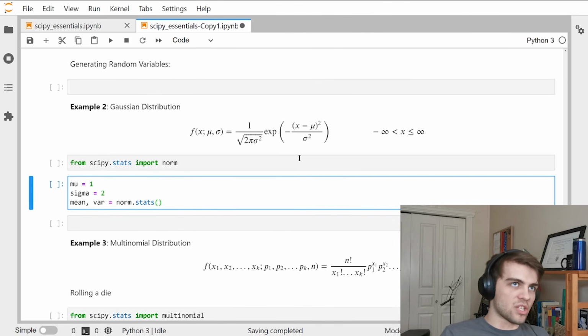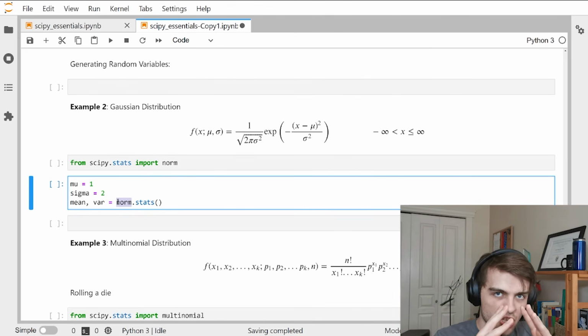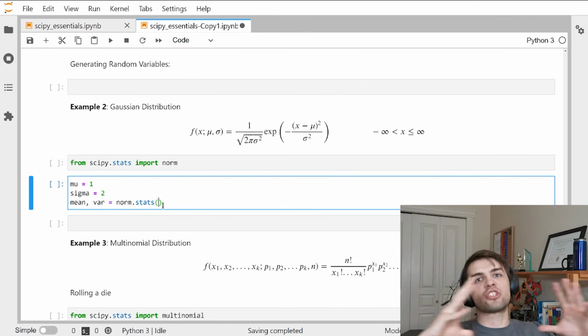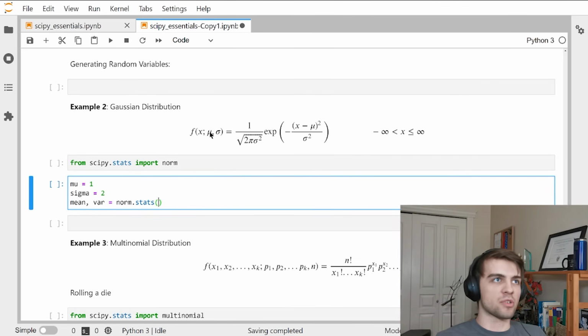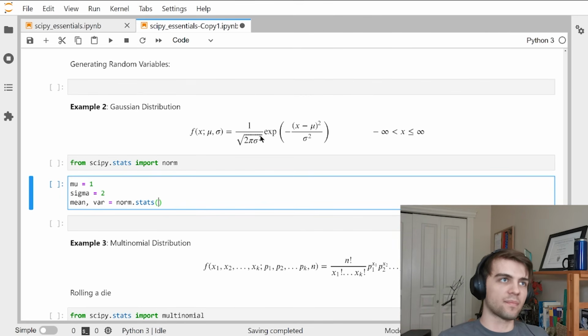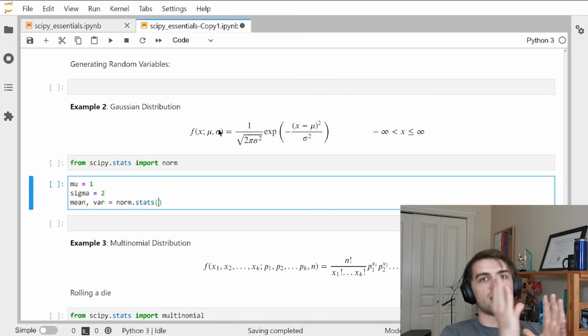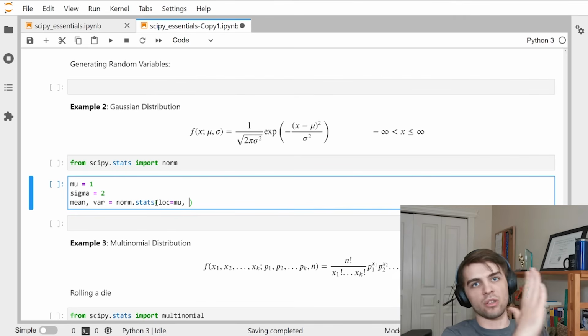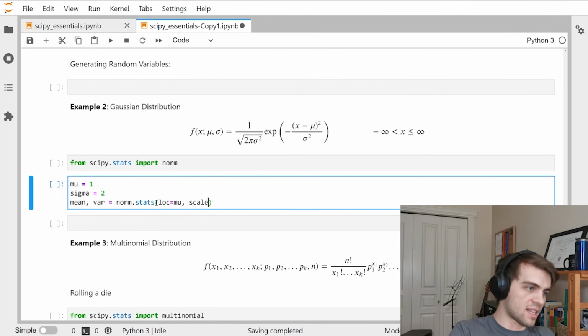Technically, this is the normal distribution with mean of 0 and standard deviation 1. But you could specify location and scale parameters. Remember, the Gaussian distribution with mu and sigma is just a scaled version of the normal distribution, and it's also shifted by a value of mu. This is loc equal to mu. That's location. Remember, mu specifies where it's located, and scale is equal to sigma.